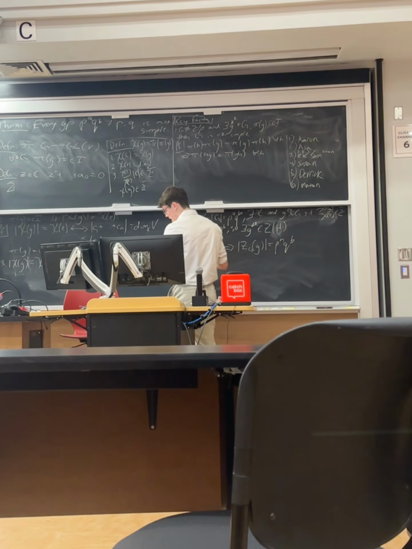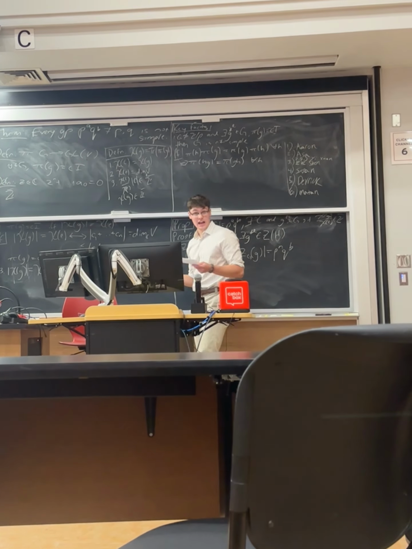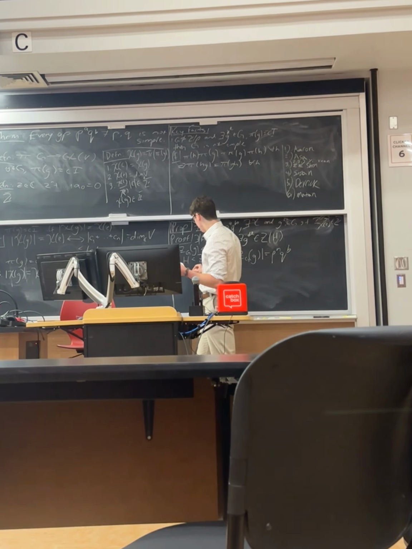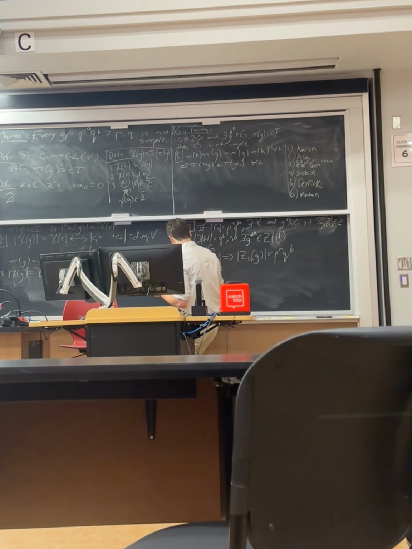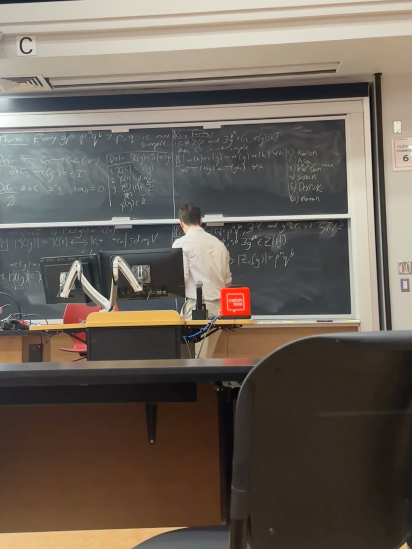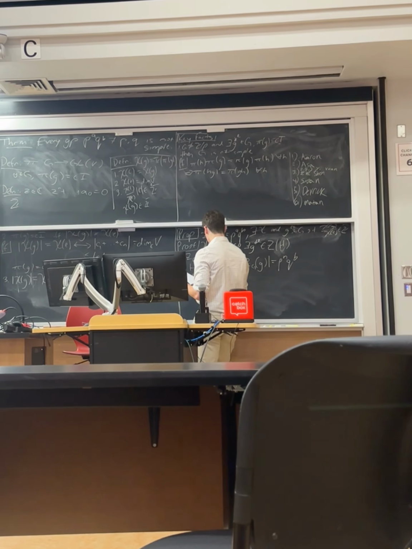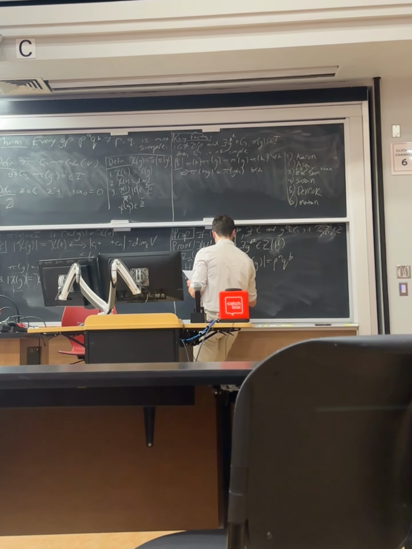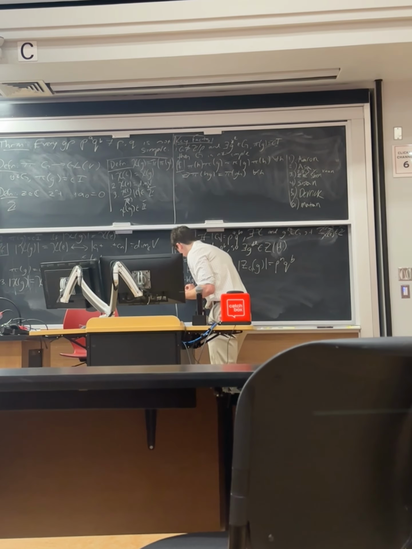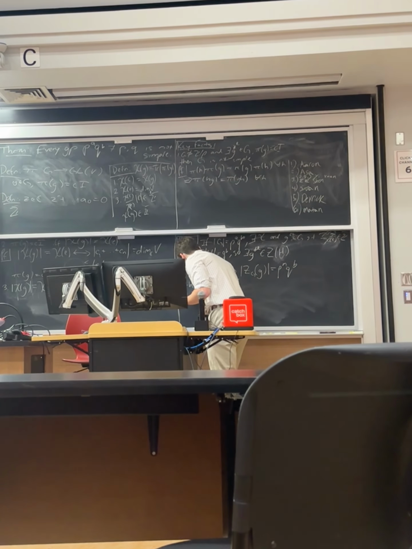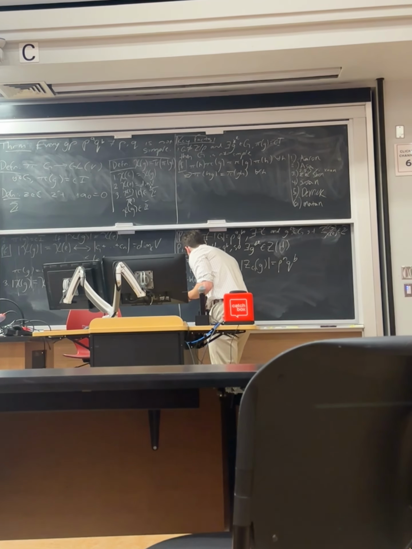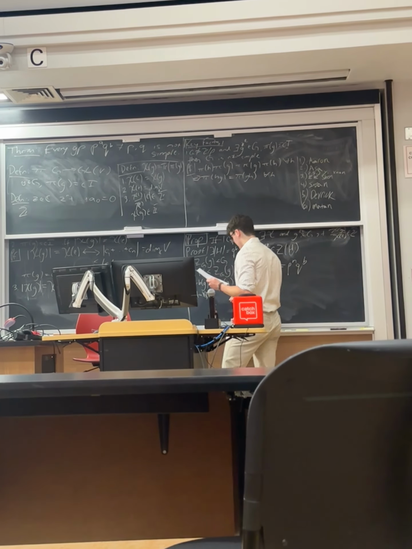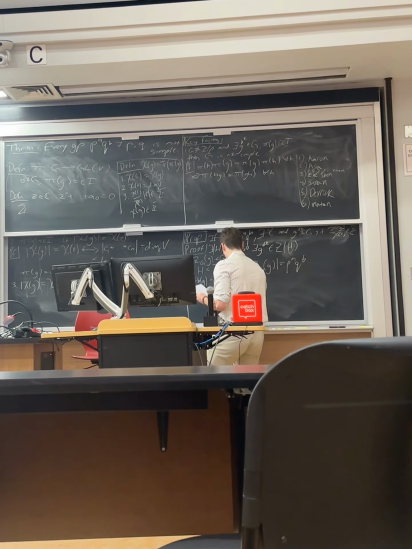So if we consider the conjugation action, we have that the orbit of g under conjugation is just a conjugacy class, which we call C. And the stabilizer is just the centralizer of g.